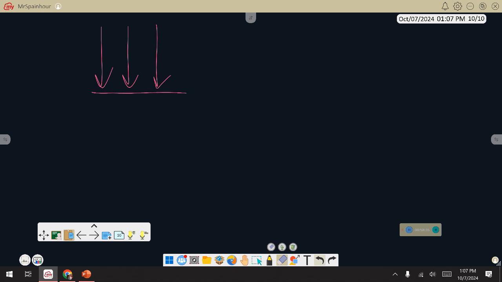This is the surface that I've decided. Normal of a surface is just 90 degrees. So what is the angle between the lines coming down and my normal line? Zero. This line and this line are at 0 degrees.